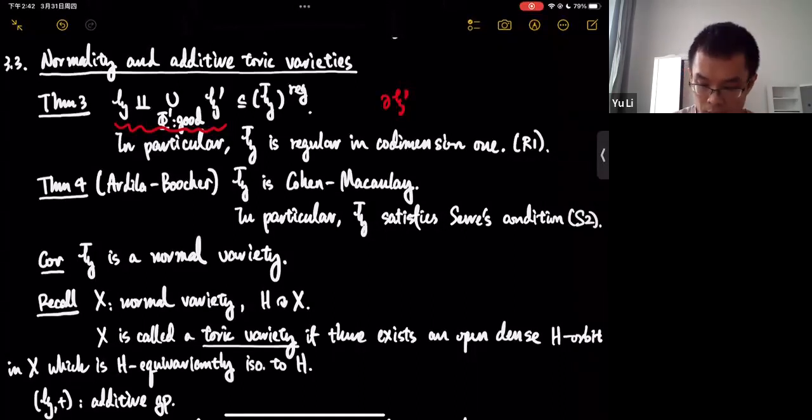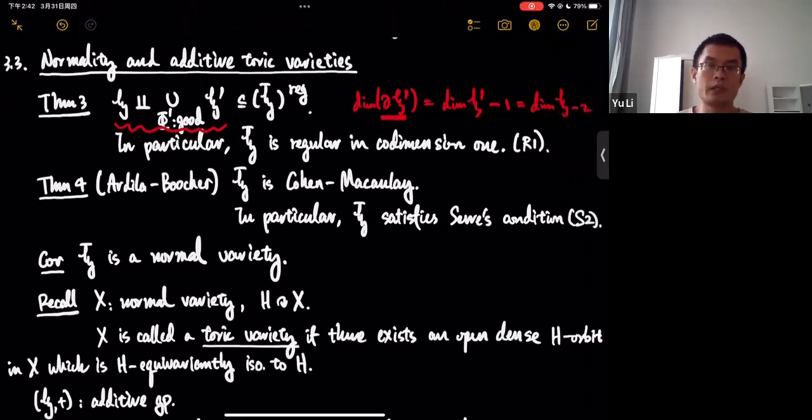The dimension of the boundary of H prime is 1 less than the dimension of H prime, but the dimension of H prime is 1 less than the dimension of H. So altogether the dimension of the set of points that we removed is 2 less than the dimension of H. As a consequence, our variety H bar is regular in codimension 1. So it satisfies R1.